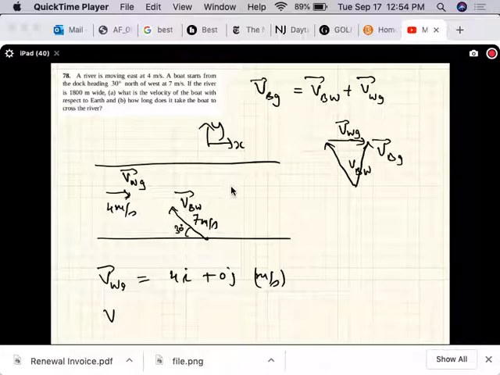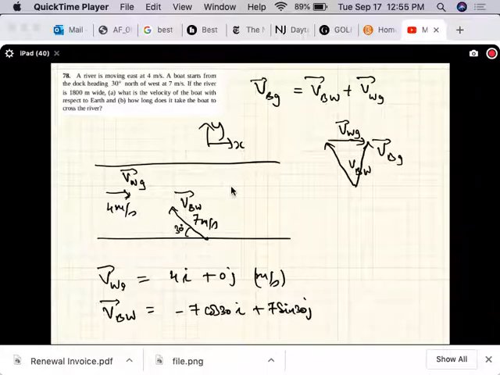Velocity of boat is minus 7 cosine 30 i plus 7 sine 30 j.